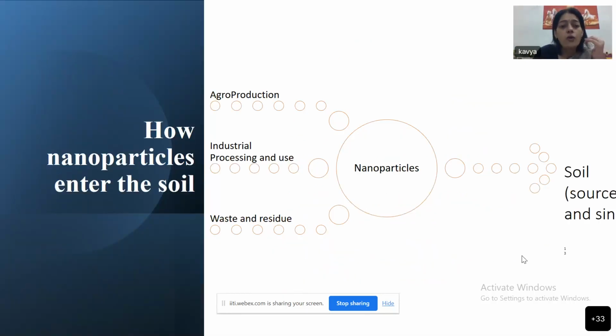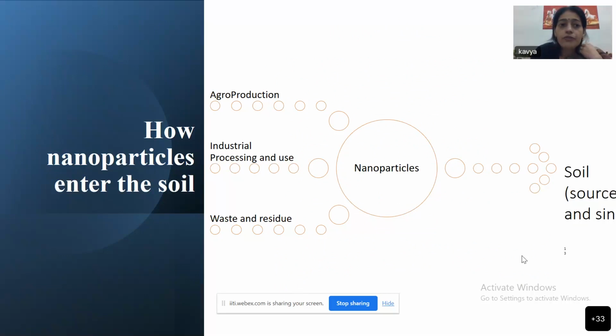Now, speaking of how nanotechnology or nanoparticles enter into the soil. One, definitely through agricultural production, through biopesticides, nanopesticides, nanofertilizers. Second is through industrial processing and use. And third is through waste and residue.